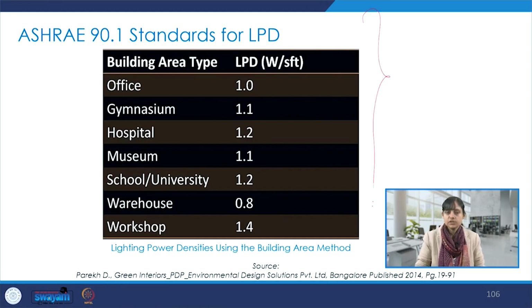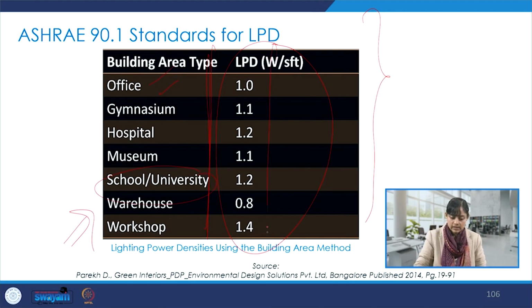These are the ASHRAE 90.1 standards about which I mentioned a while ago. And these are the LPD values that have been put for our reference, and we can just see these already existing tables. So these are the building area types: office, gymnasium, hospital, workshop, school, university, and these are the LPD values in watt per square feet.